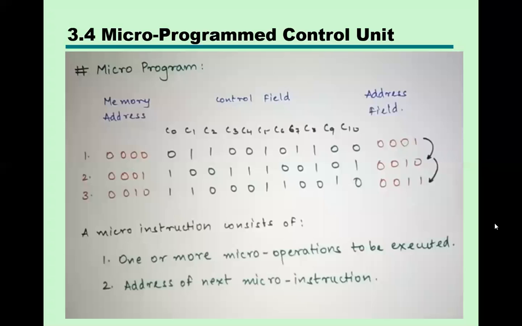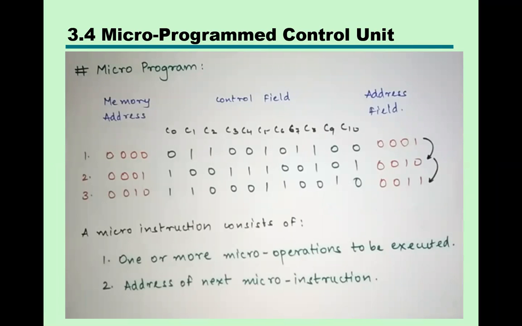So the control register is then read by a sequencing logic that issues a control signal in proper sequence. Here we have seen how it is reading one after another and issuing a control signal in the proper sequence, as per the instruction.